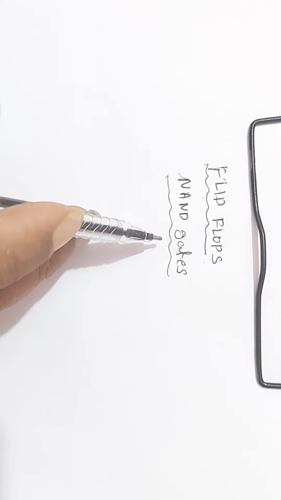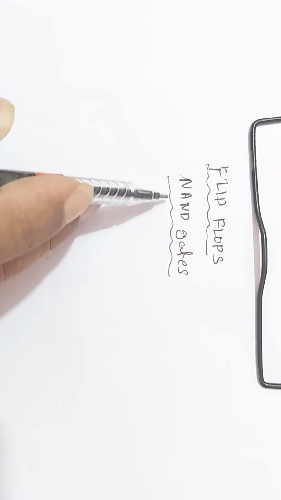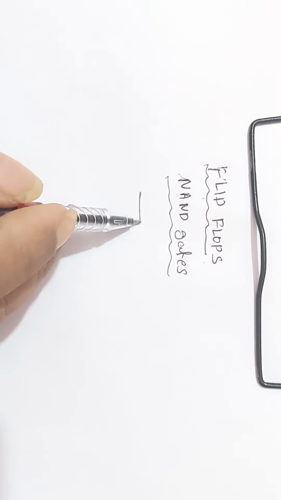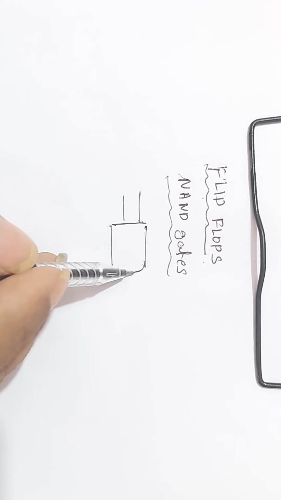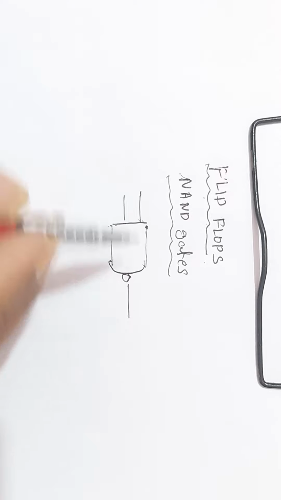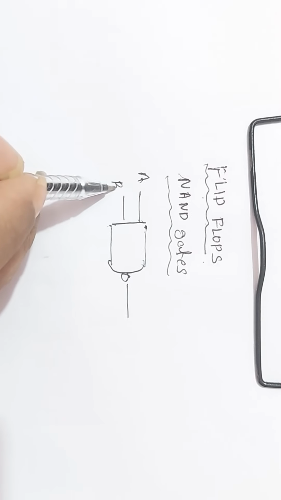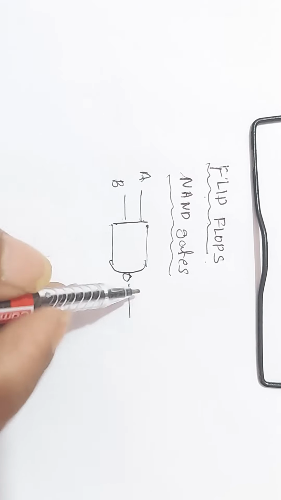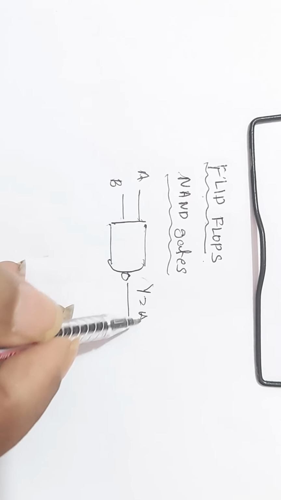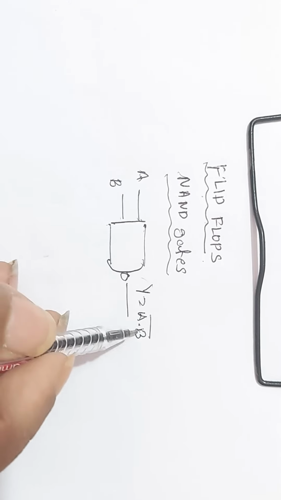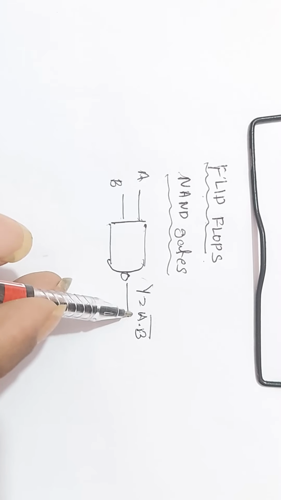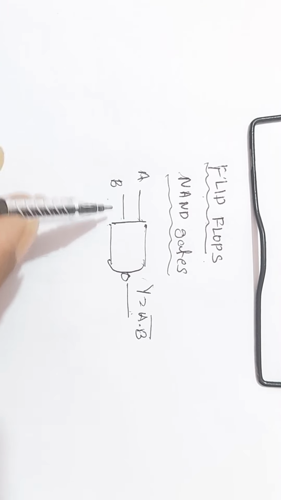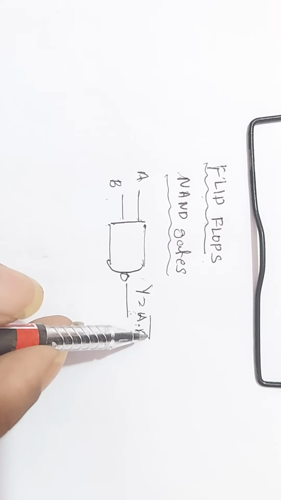Now, what is a NAND gate? This is the symbol of the NAND gate. If A and B are the two inputs of the NAND gate, the output Y is equal to (A into B) bar. We have already studied this. Therefore, the output depends upon the two inputs with the formula Y = (A·B) bar.